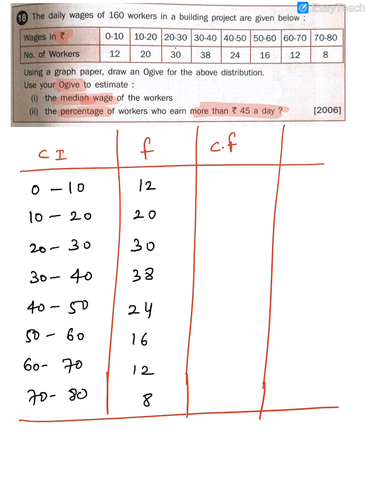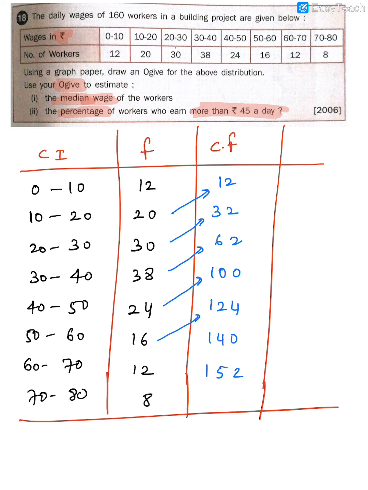So first the CF will be what now here? It will be 12 plus 20, so it is 32, plus 30, so it is what? 62, then 100, 124, then 140, 152 and 160. That's our total number of observations.